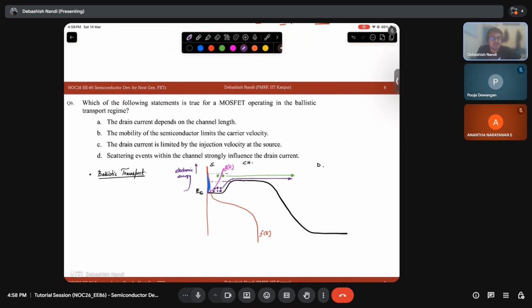But how do they travel? They travel like this, downhill. So how do you think that downhill transport is happening?